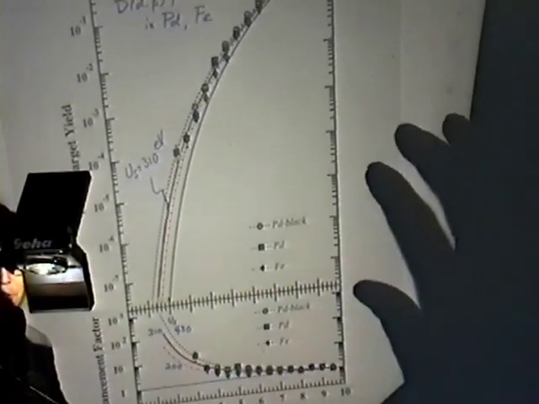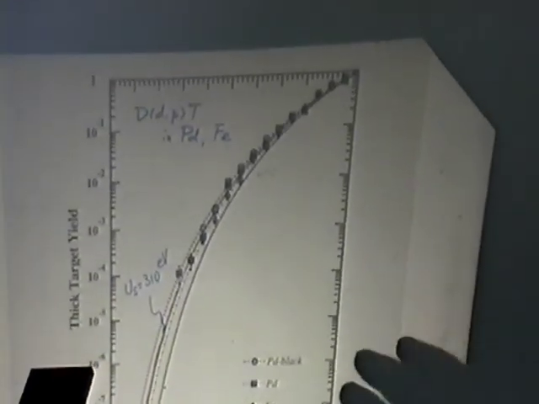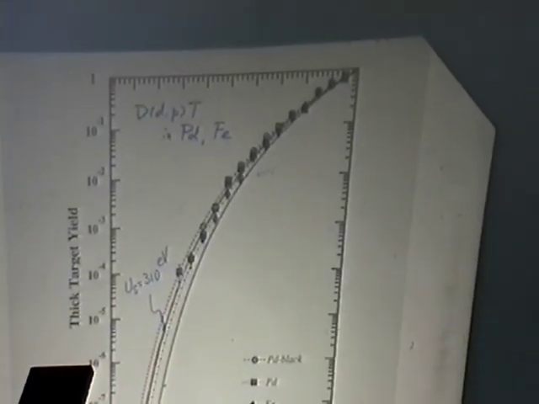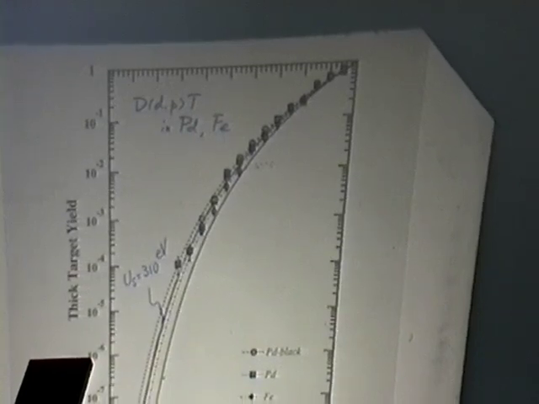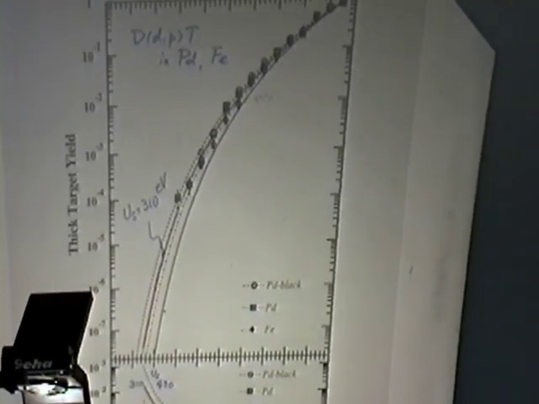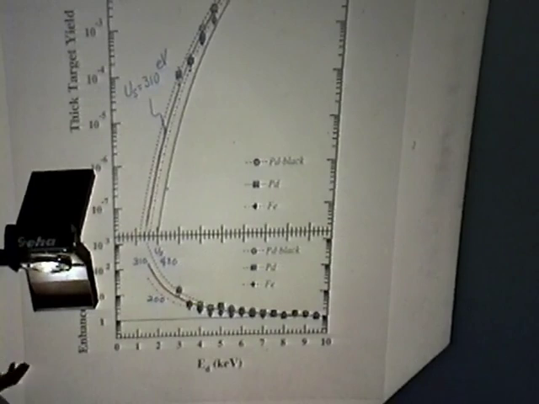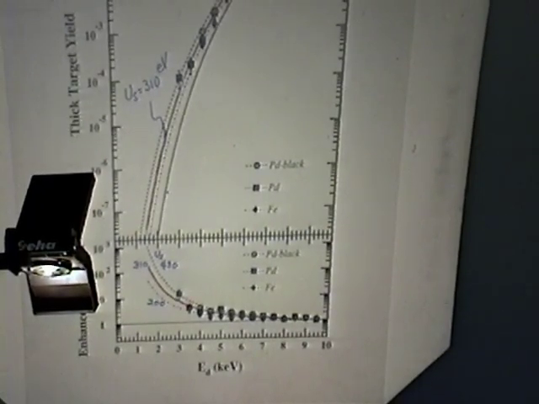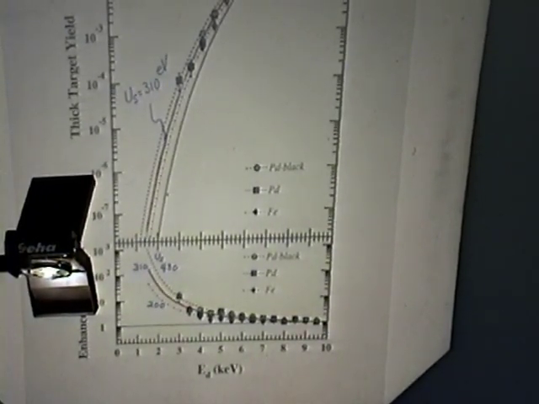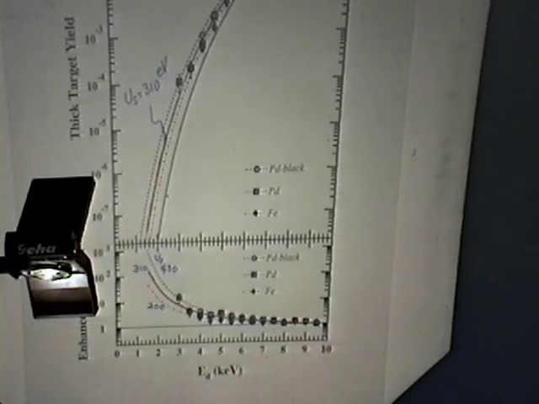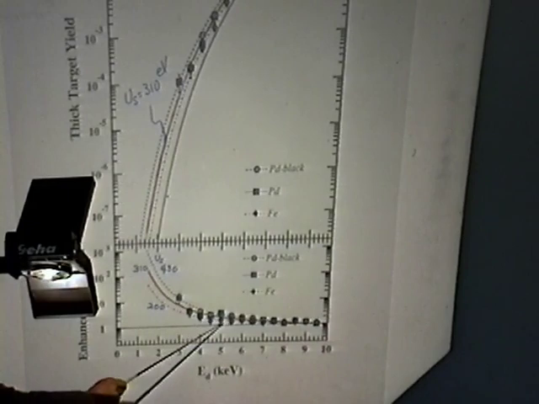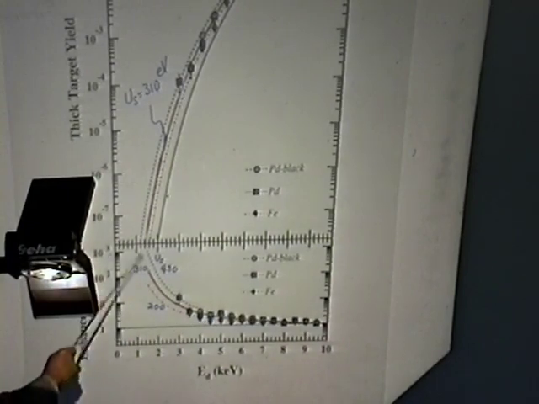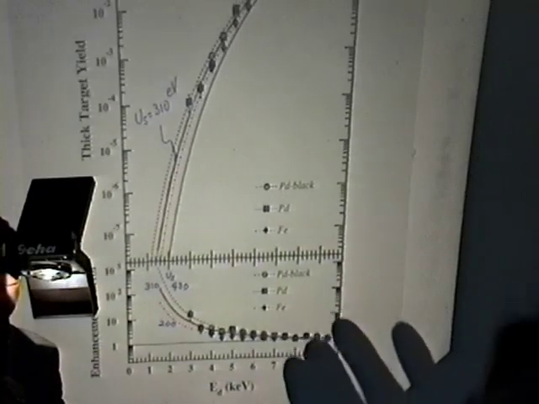And for the palladium black and the iron, the reaction cross-section is somewhat enhanced. Of course, again, this is very much enhanced, but somewhat smaller than for the case of palladium oxide. For example, in this case, for the palladium, the screening energy is something like 310 electron volt.